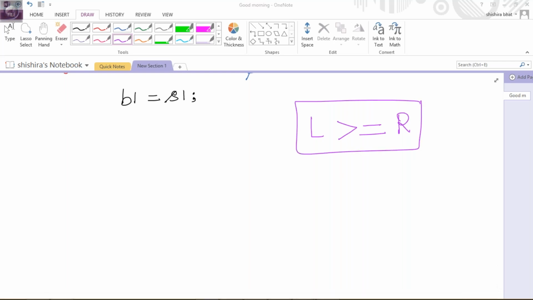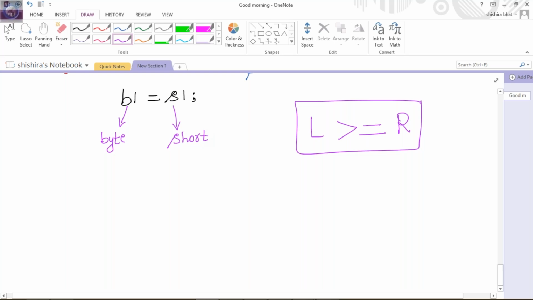Left side data type should be greater than or equal to right side. What is the data type of B1? Left side data type B1 is byte. What is the right side data type S1? S1 data type is short.